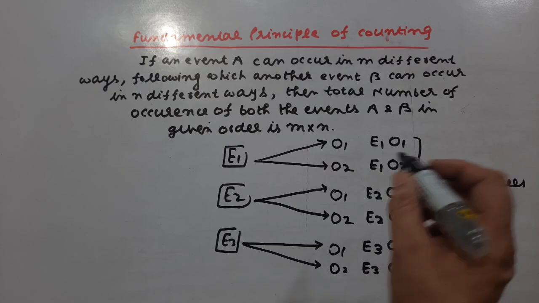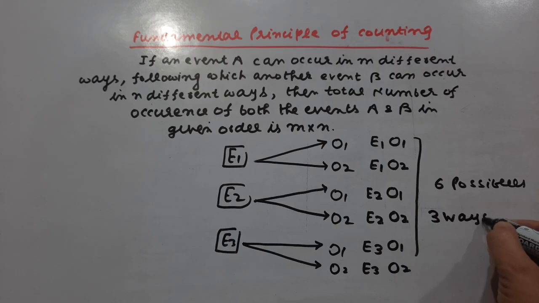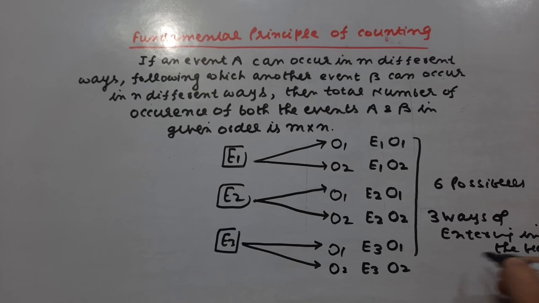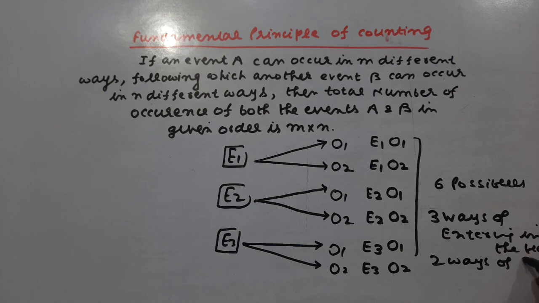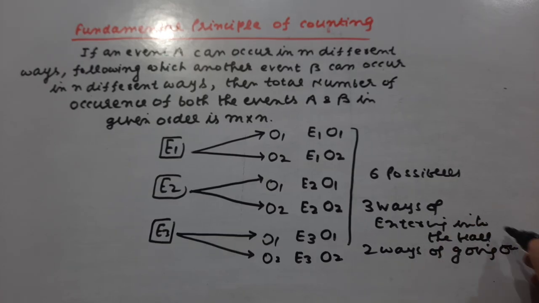We have six possibilities. Here we can see we have three ways of entering into the hall and two ways of going out.